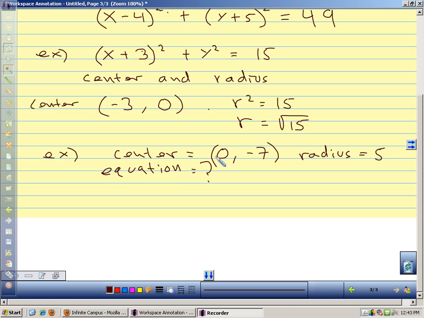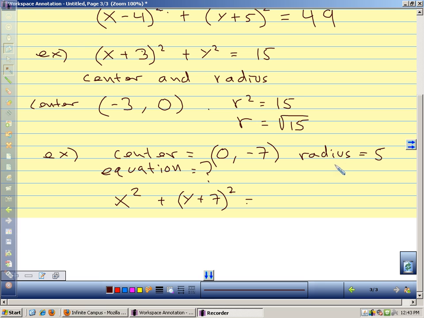So to write my equation, I'm going to write x minus, change the sign on this number. This number is just 0, so x minus 0 is just x. And I'm going to square that, plus y, and I'm going to change the sign on this number, plus 7, square that, and that equals the radius squared.